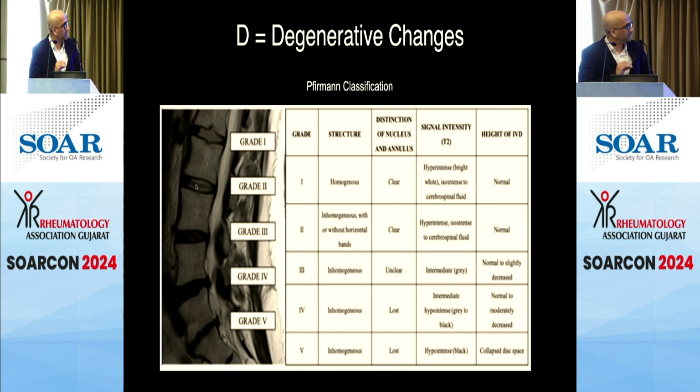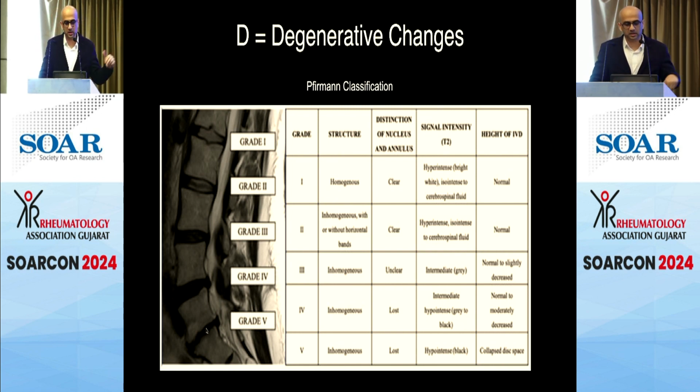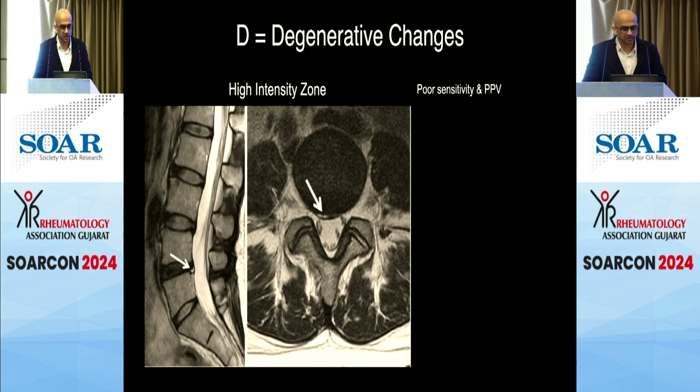That's the differentiation between the nucleus and the annulus. Here that becomes more unclear. The disc height is reduced. Here the disc height is further reduced and it looks much darker. Any differentiation between the annulus fibrosus and nucleus pulposus is lost. Final stage is the disc settles down. So these are just stages of degenerative changes.